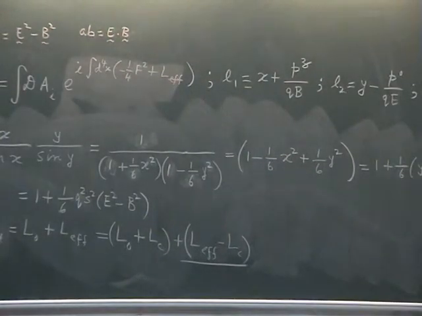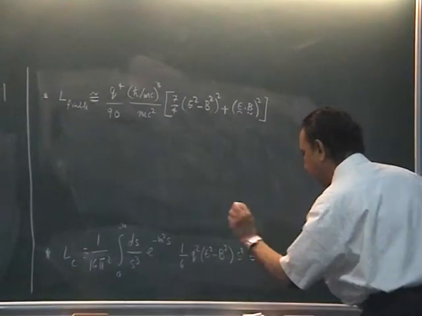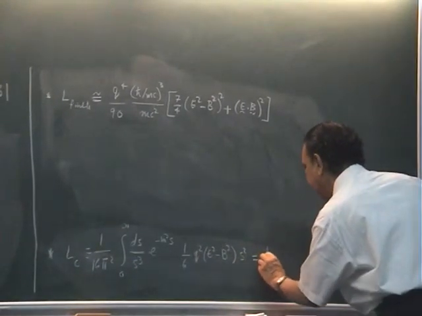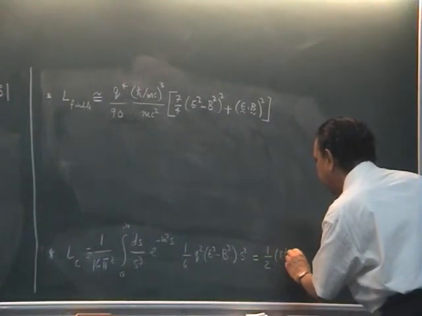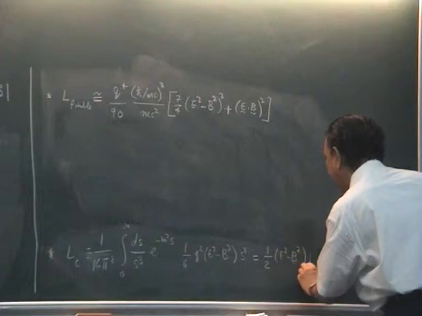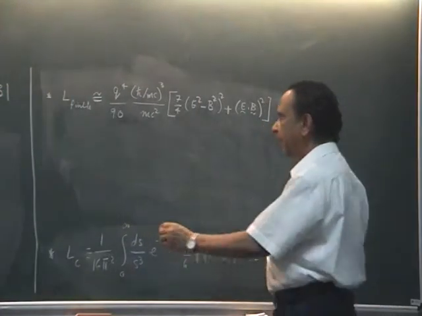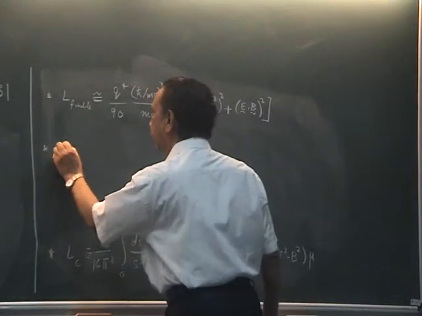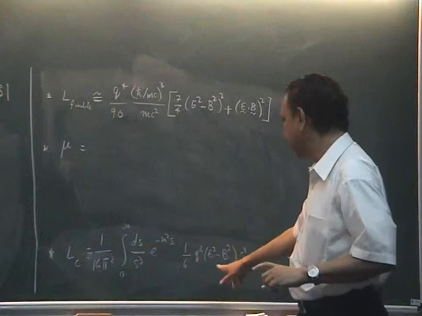So what happens here? Here you find that you have this expression for LC, which I want to write in a manner very similar to our original expression. So I am going to write it as half E square minus B square times a parameter mu. Okay, so what is the parameter mu? That is what is left here. So I have half of that taken out.